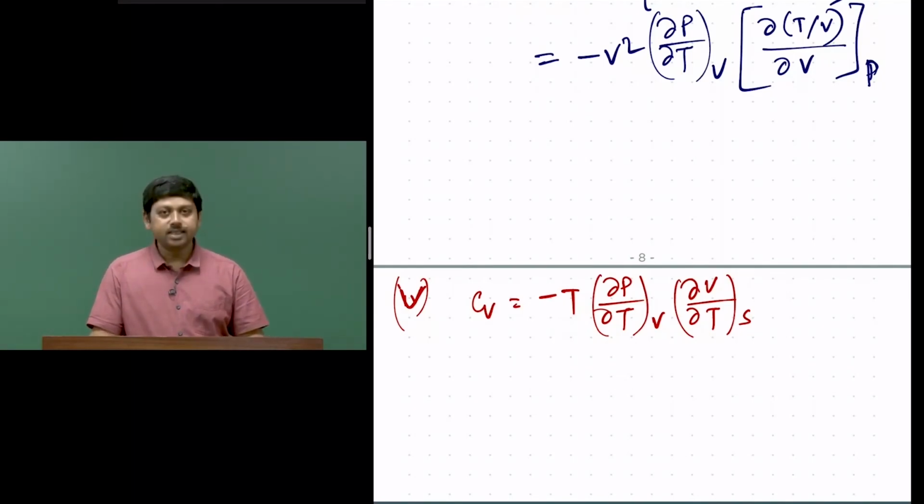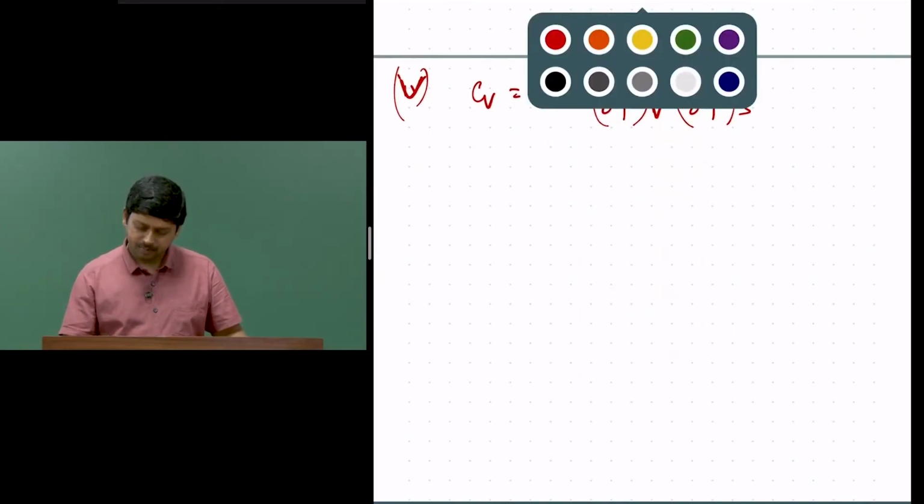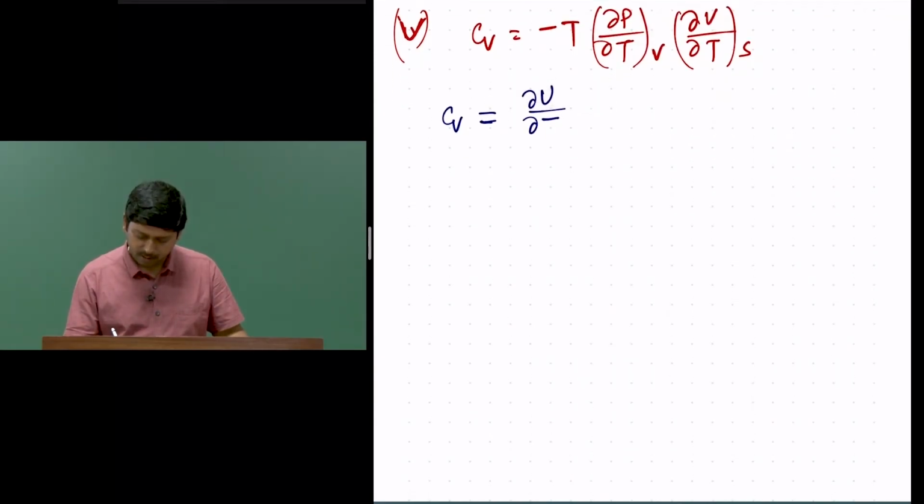However, this is just an exercise, so that if you can do that, you can do many other problems when you need. So, let us try to do that. So, start with the definition of C V, del U by del T at a constant V, and that is what C V is.